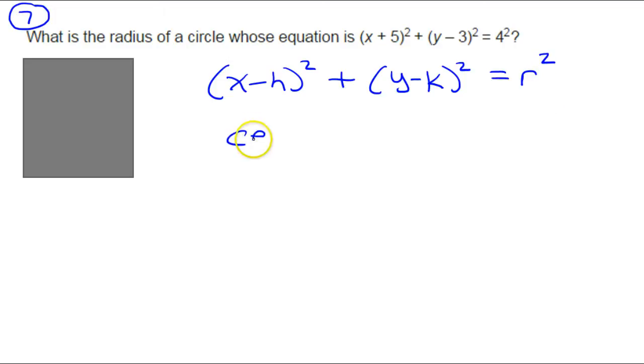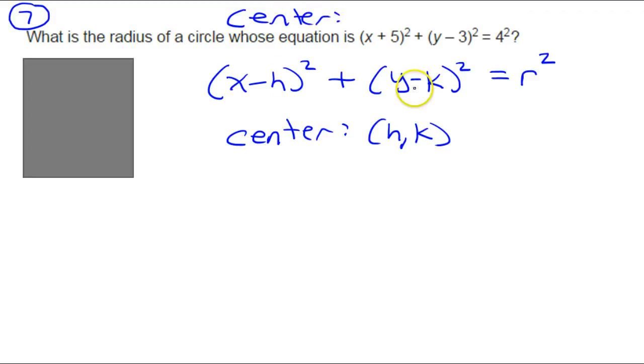In this form, the center would be h comma k. So the center of this particular circle, these minuses in the formula tell you to take the opposite sign. So the center would be -5 comma +3.